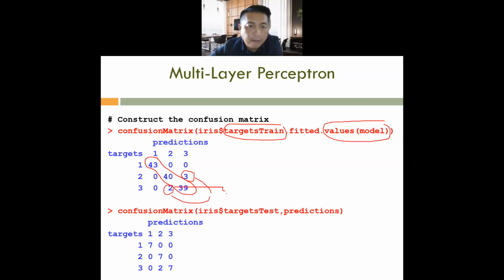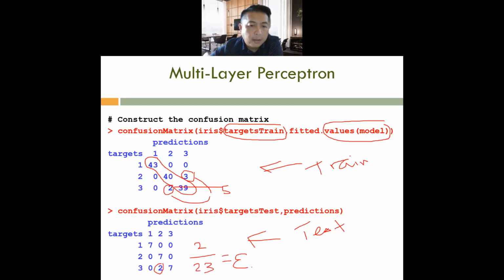So 5. And for this one, this is during the training and this is during the test. During the test, we only have 2, so 2 out of 23.